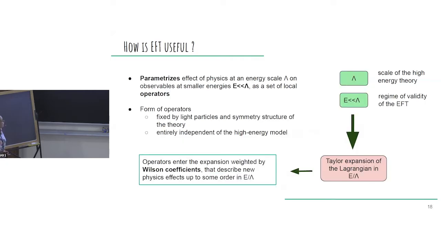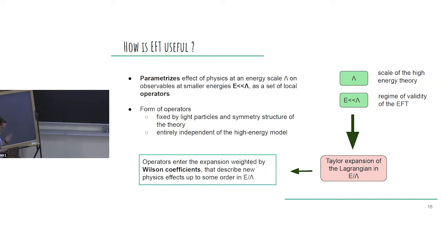So we said that it parameterizes the effect of this new physics. This new physics is at a scale lambda that is very high, while we are in a regime of energy E that is much lower than lambda. And so we can expand our Lagrangian of the model in terms of a Taylor expansion in terms of E over lambda.